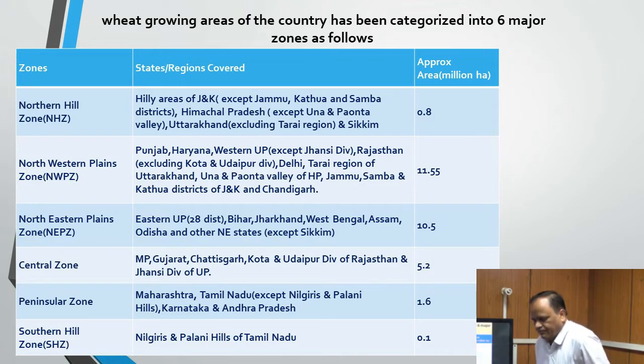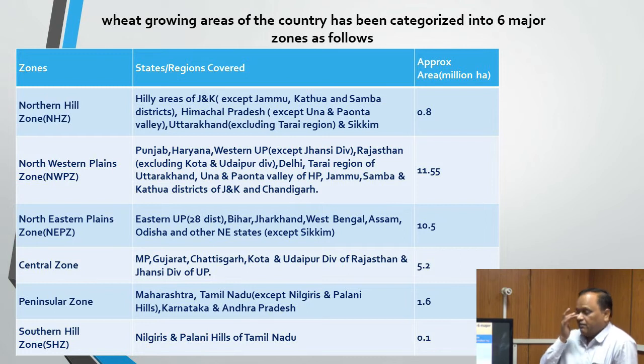It actually contributes 11.55 million hectares. So we can say that the northwestern plain zone contributes the largest in area, and also the largest in production.